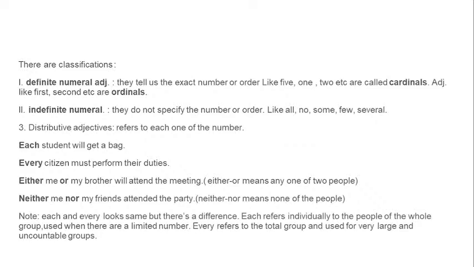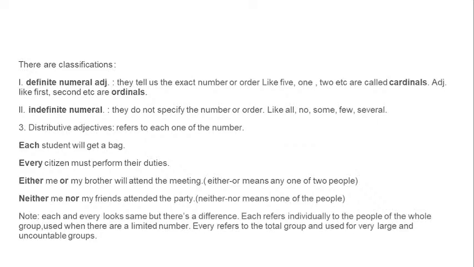So 5, 1, 2, anything, these kinds of adjectives are called cardinals. And if they are related to rank or any order, they are called ordinals. So remember it with order related to ordinals.